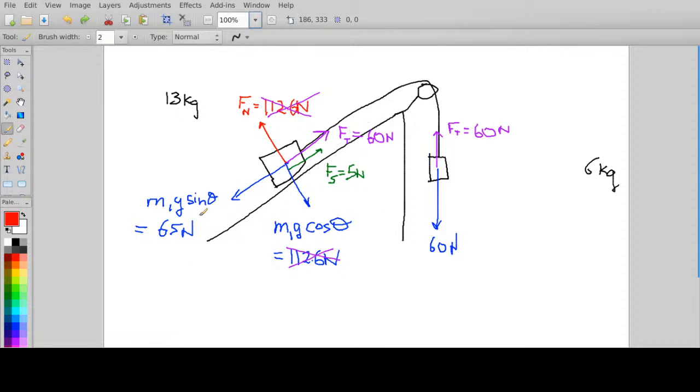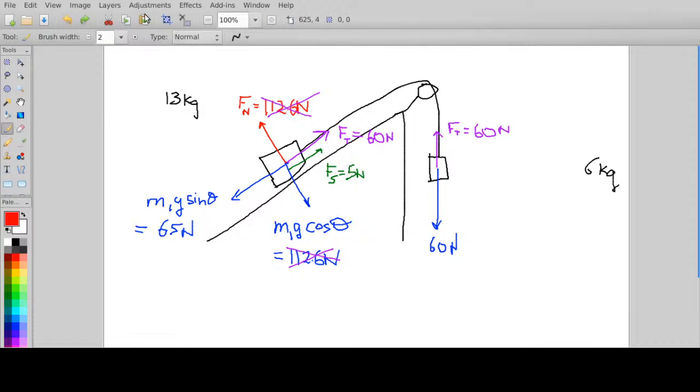So there's the static friction problem. What I'm doing here is making use of the fact that F net has to equal 0 all the time, all the way to the very end when I identify the force of friction as 5 newtons. So that's it for the diagram.